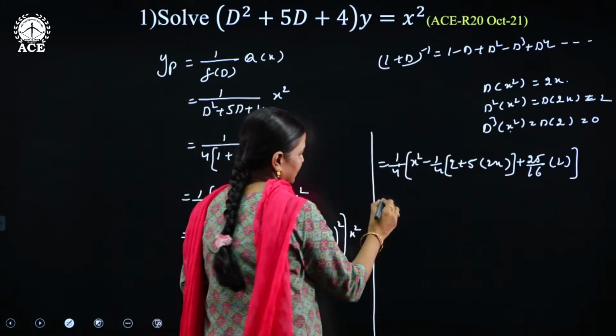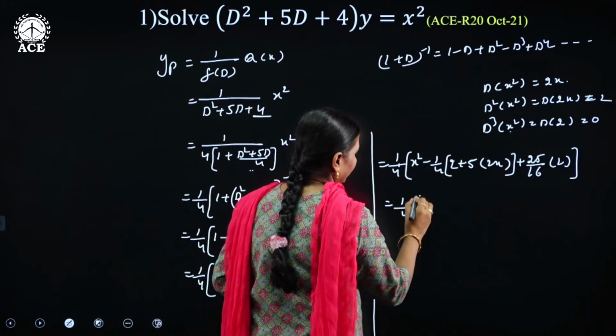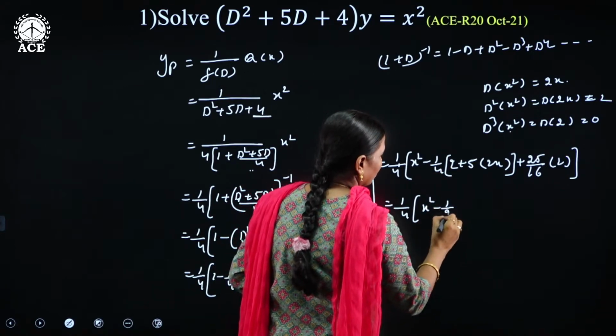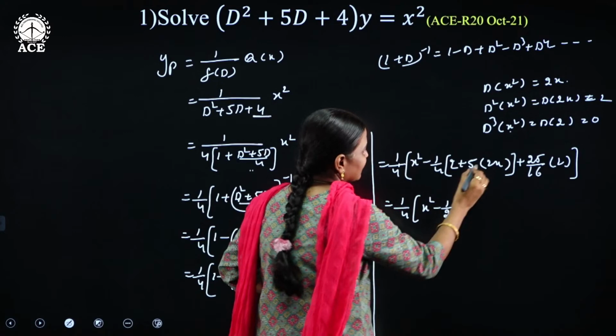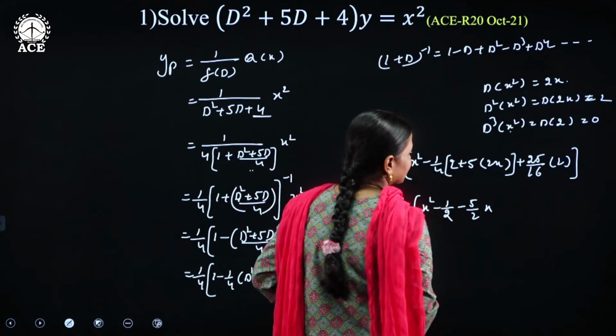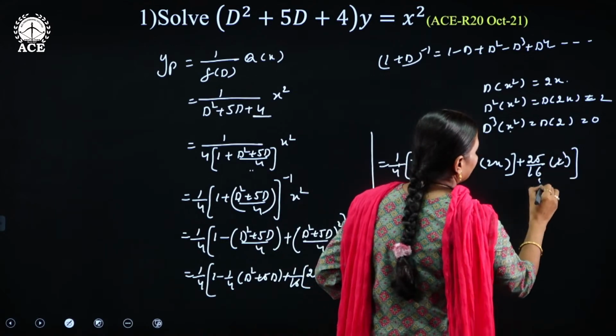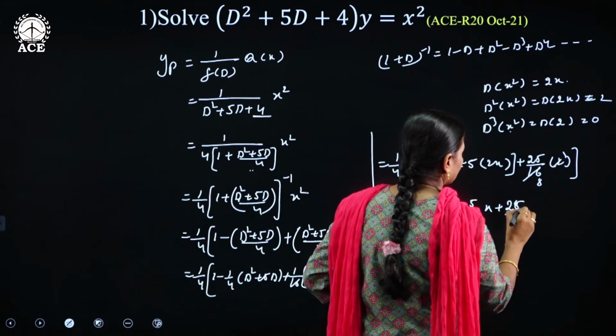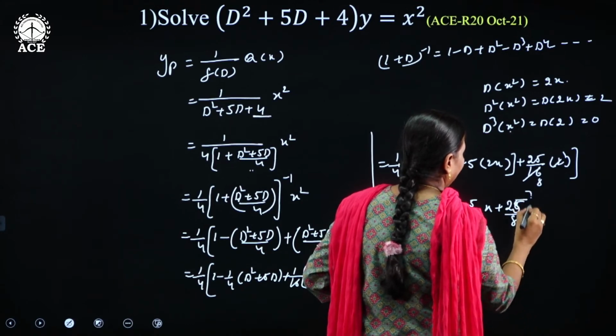Simplify this one, which is equal to 1 by 4 into x square, 2 by 4, that is equal to 1 by 2. Next minus, 2 ones are 2, 2 twos are 5 by 2 into x. Next, 2 ones are 2, 2 eights are, plus 25 by 8.